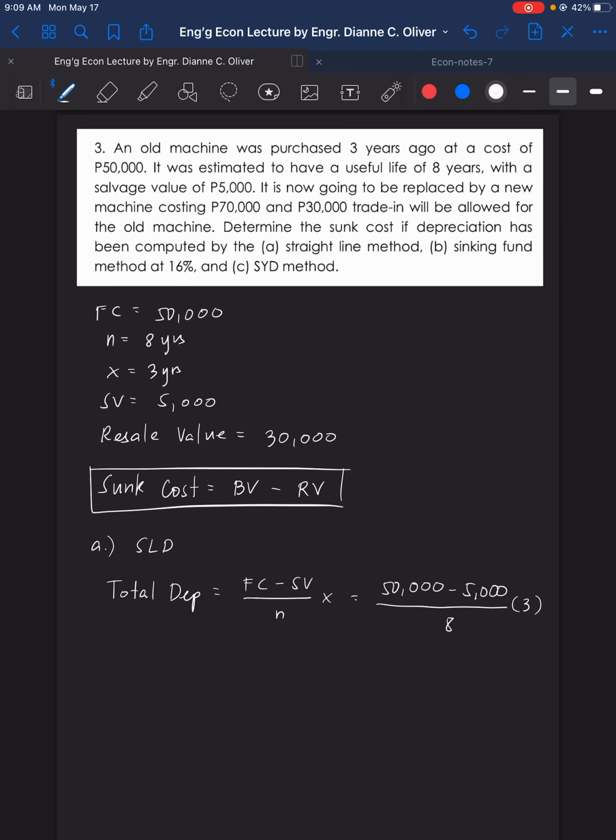So total depreciation at third year is equal to 16,875. Book value now is equal to the first cost of 50,000 pesos minus the total depreciation at third year of 16,875. That is equal to 33,125 pesos.